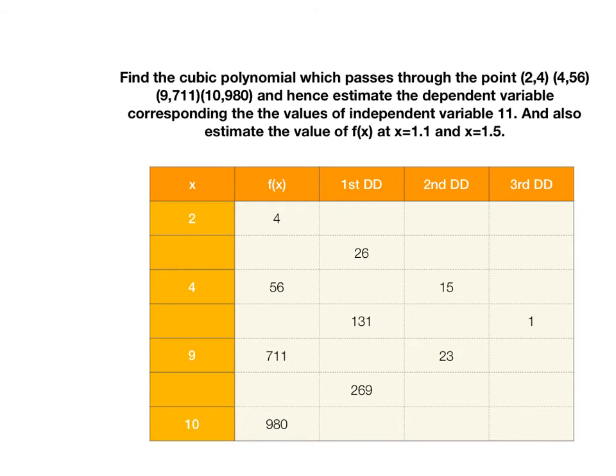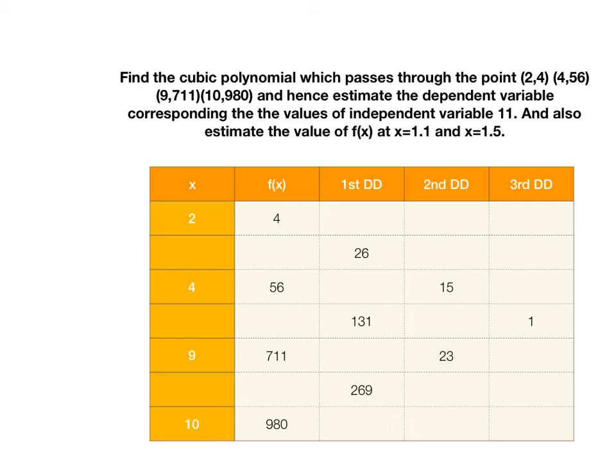Next, for this column, 131 minus 26 divided by 9 minus 2 is 15. See, 269 minus 131 divided by 10 minus 4 will be 23. Next, 23 minus 15 divided by 10 minus 2. So as already told you, when you are calculating this, divide by 4 minus 2, 9 minus 4, 10 minus 9.